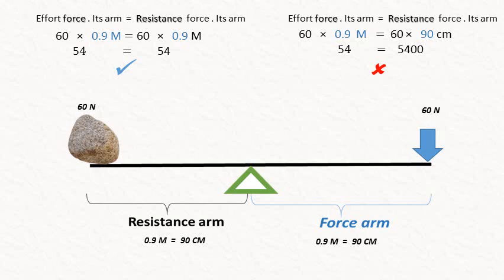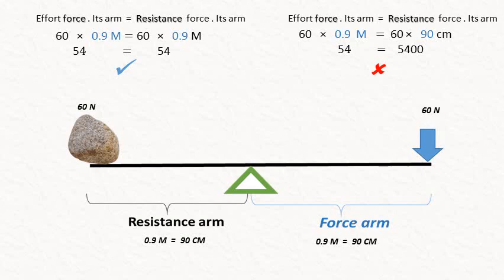Resistance force times its arm, 60 times. Here we will change 0.9 to centimeter and write centimeter. This one is in meters and the other one in centimeters. The result actually comes out wrong.